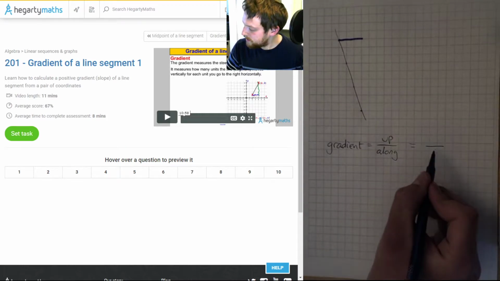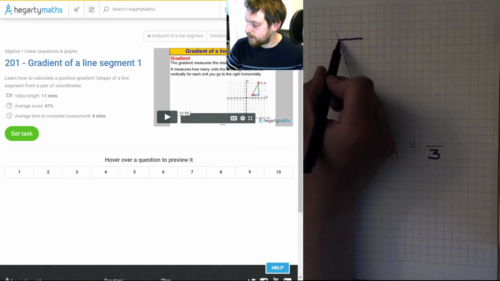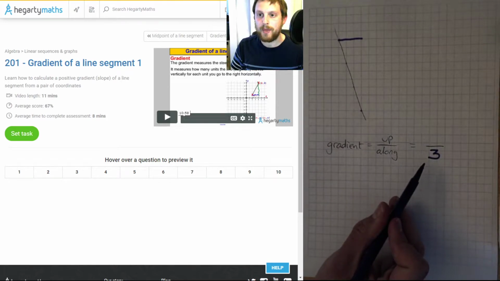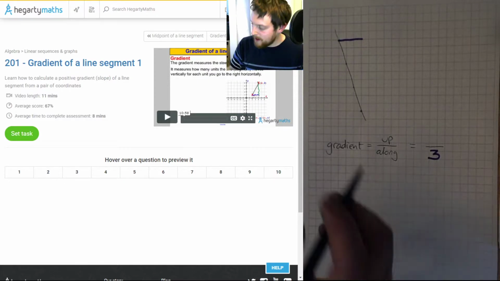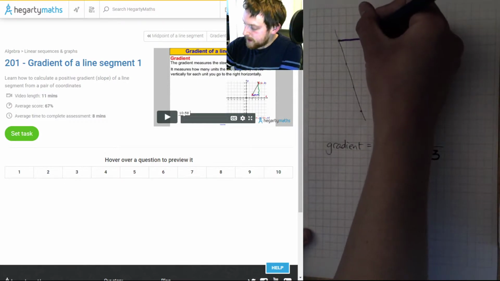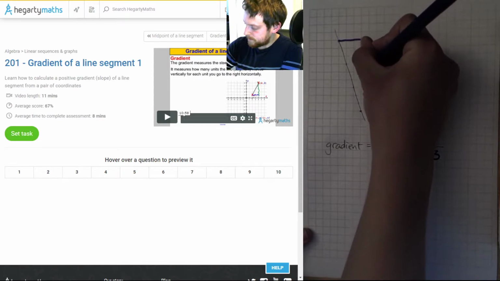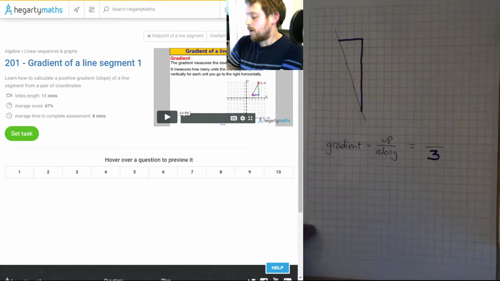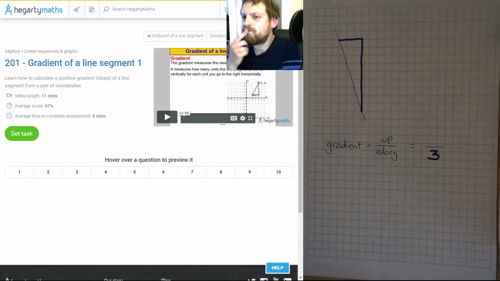3 along. Now that was from left to right, so I'm going to write 3 as in positive 3. But this time the up number, well, it's not going up, is it? But I have to put a number of how far up I've gone. So this is a little bit silly, but actually a good way of thinking about it.